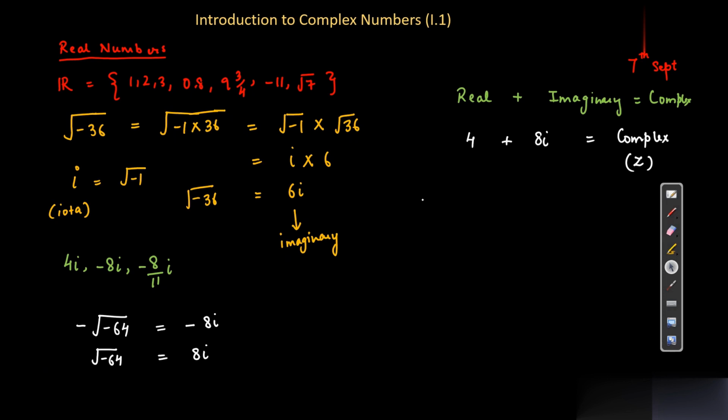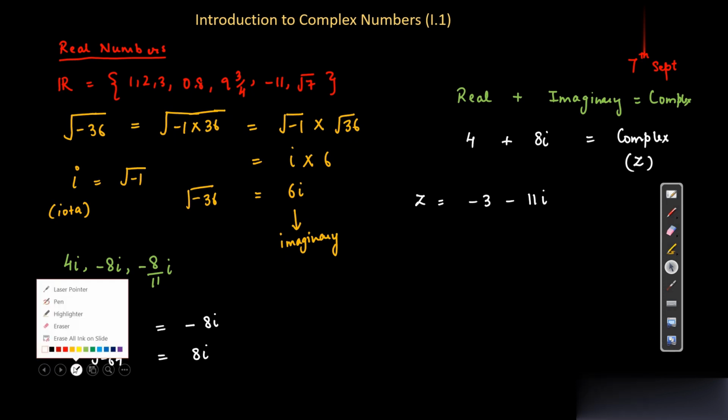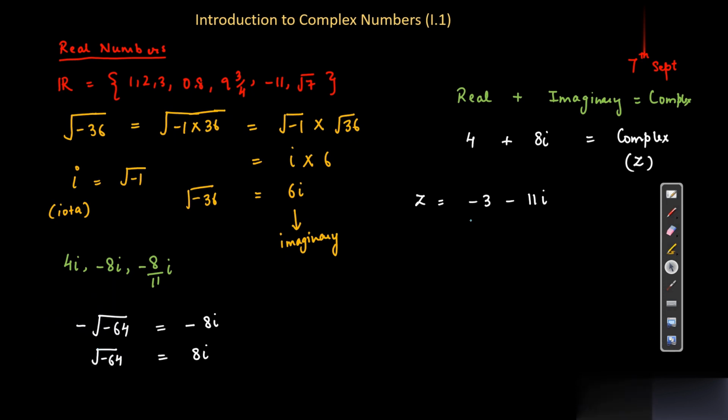One more example I will take: Z equals negative 3 minus 11i. This is again a complex number. Here, see Bhavna, a complex number will be made of a real number and an imaginary number. So it will have a real part, this is the real part, and this is the imaginary part. And this is a complex number.